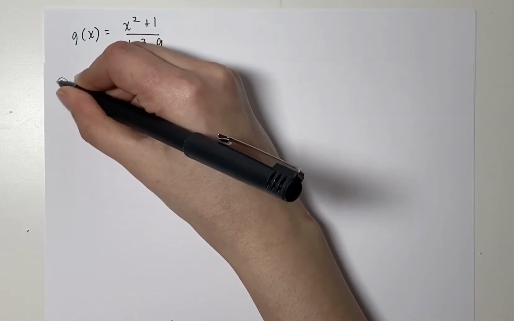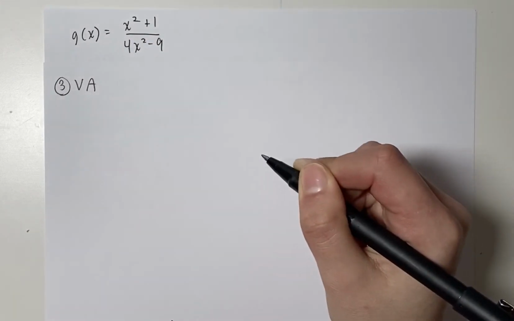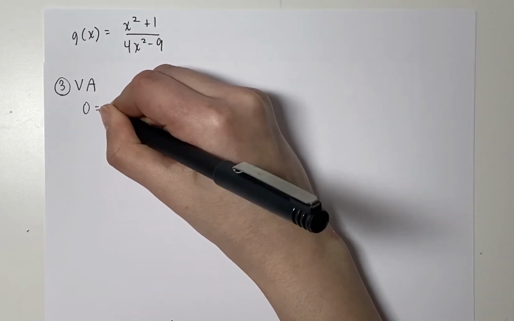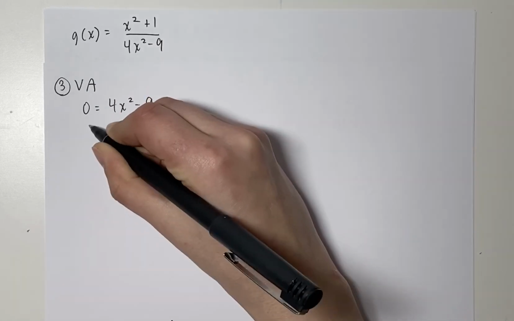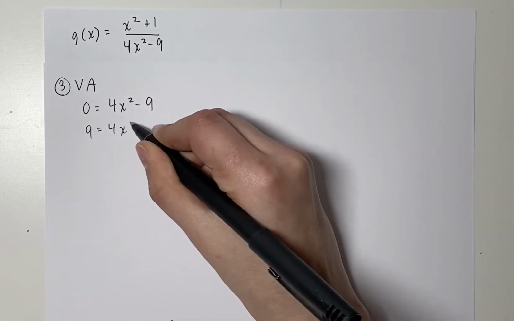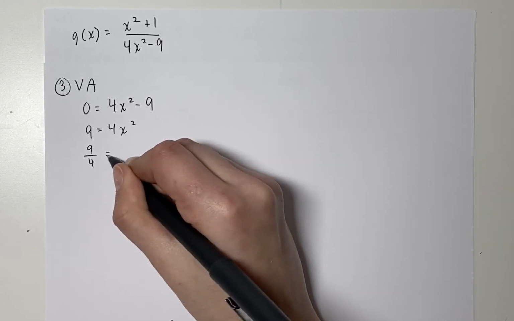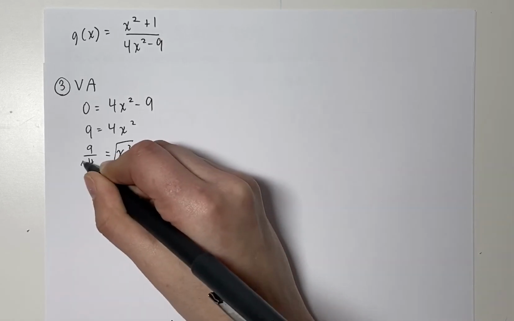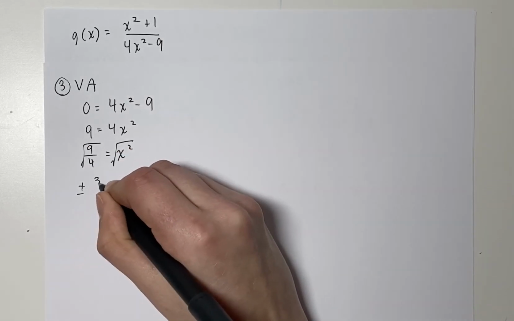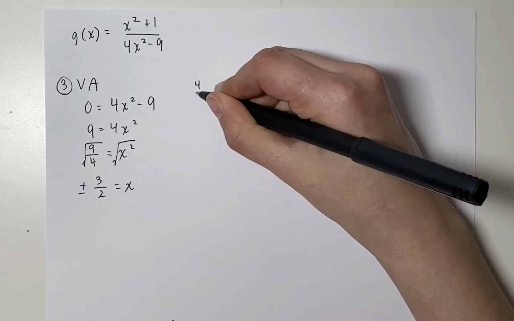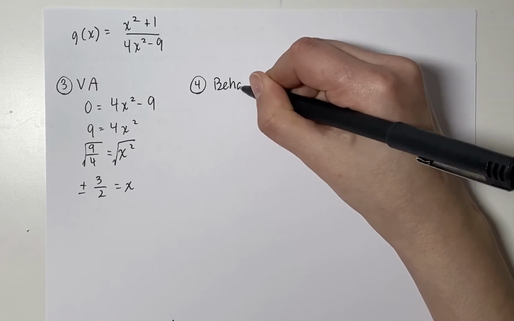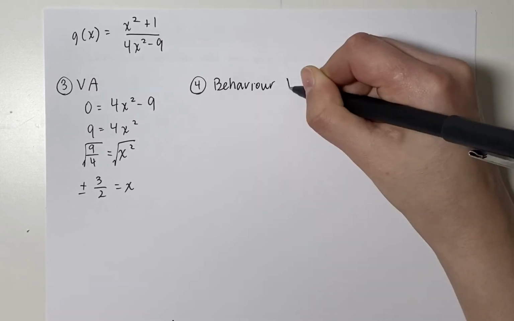Okay, so step 3, we need to find our vertical asymptote. Our vertical asymptote is when our denominator equals 0. So 9 equals 4x squared, 9 over 4 equals x squared, square root both sides, x equals plus or minus 3 over 2. Then we need to find the behavior of the function as it approaches our vertical asymptote.